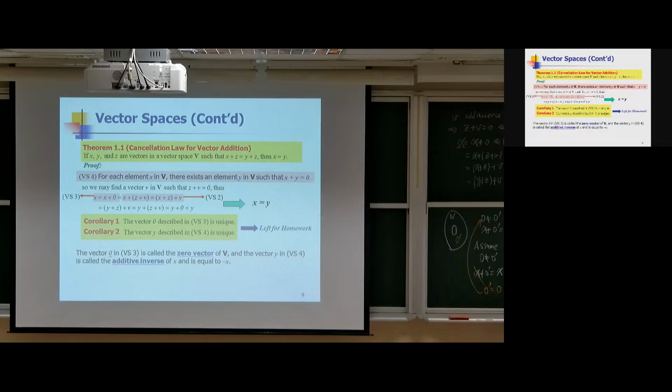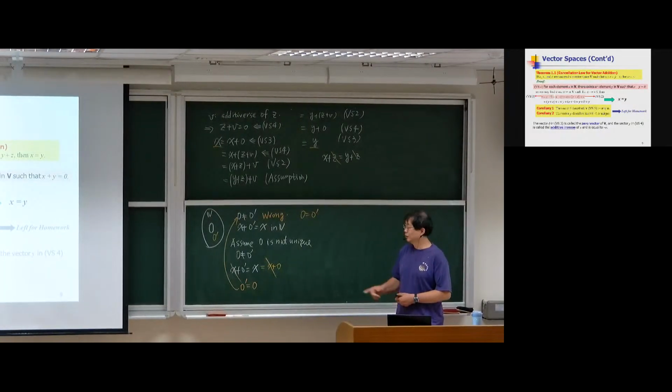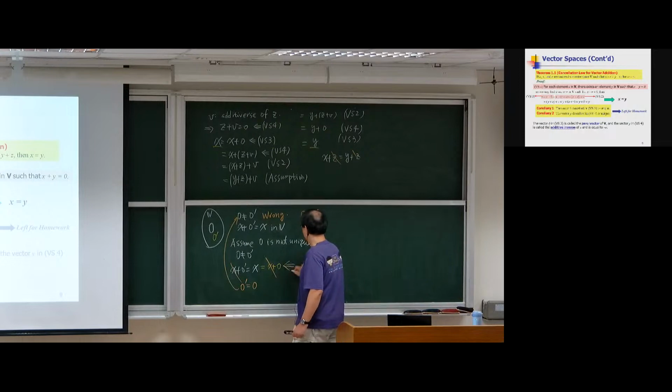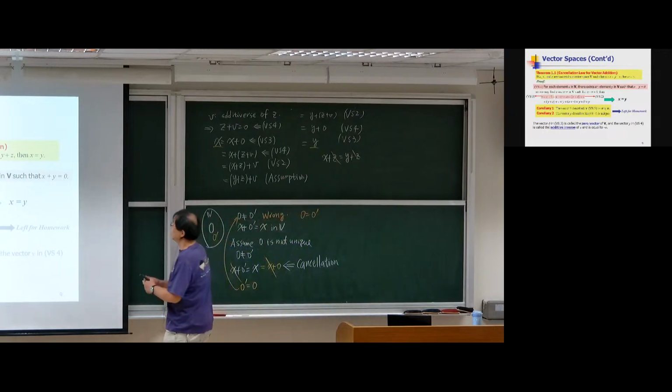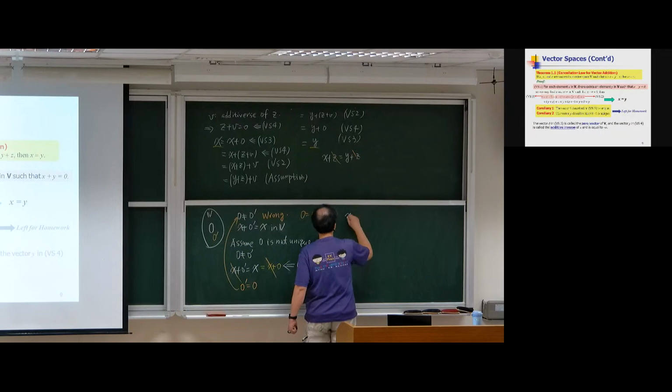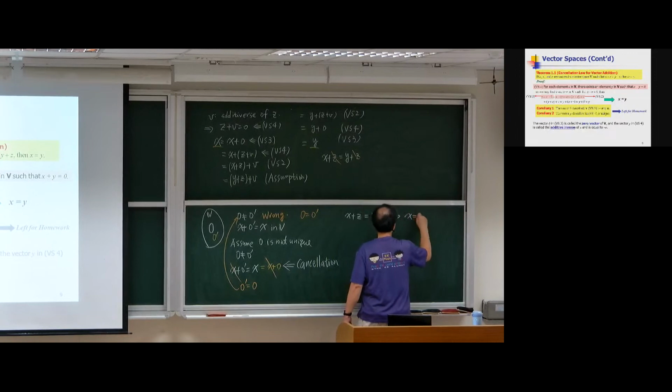你们觉得这个证明有错吗？依照严格数学来讲，这个证明是错的。这证明不完备，is not complete. Why is that? Because here we are using cancellation law. But in cancellation law, we say x plus z equals y plus z, such that x equals y.